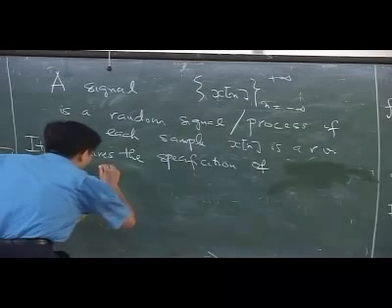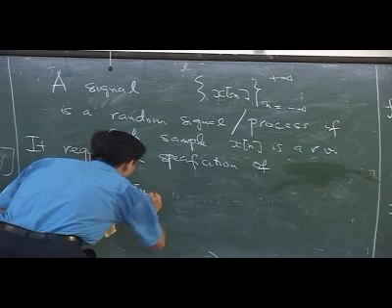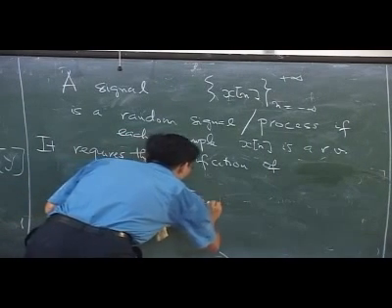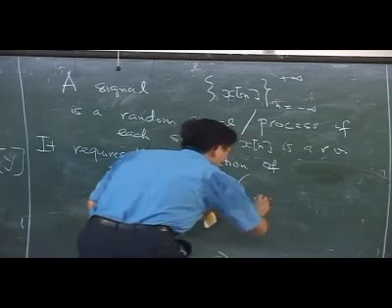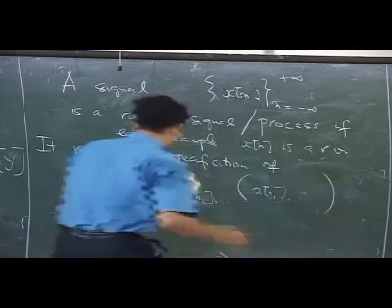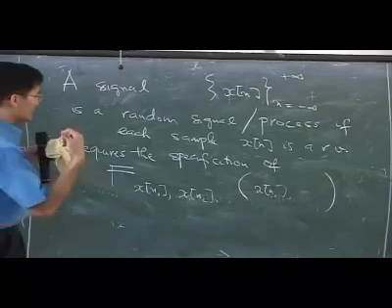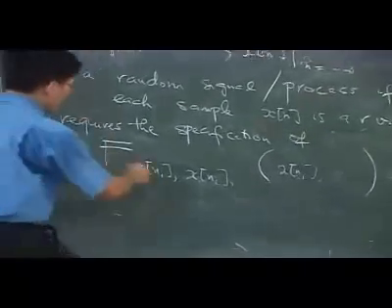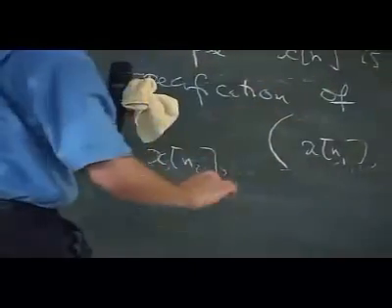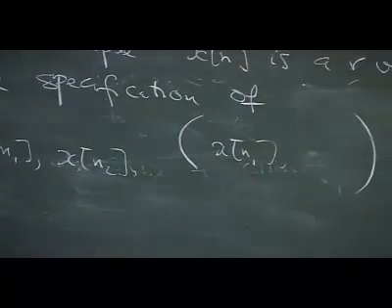At least I need to have the probability density function of small x[n1], x[n2]. So that means I have to describe the joint distribution function for each random variable and any collection of them. A complete description of the signal is required.